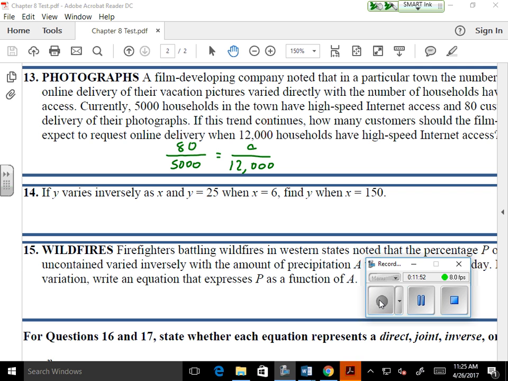So again, you can cross multiply and solve for the unknown. 80 times 12,000 would be equal to C or x times 5,000. So divide both sides by 5,000. And you should get C equal to 192.